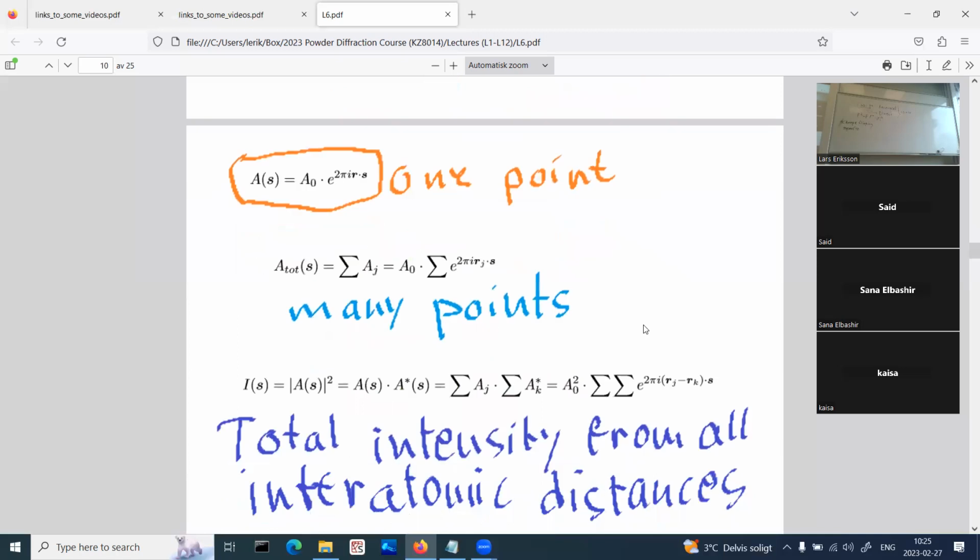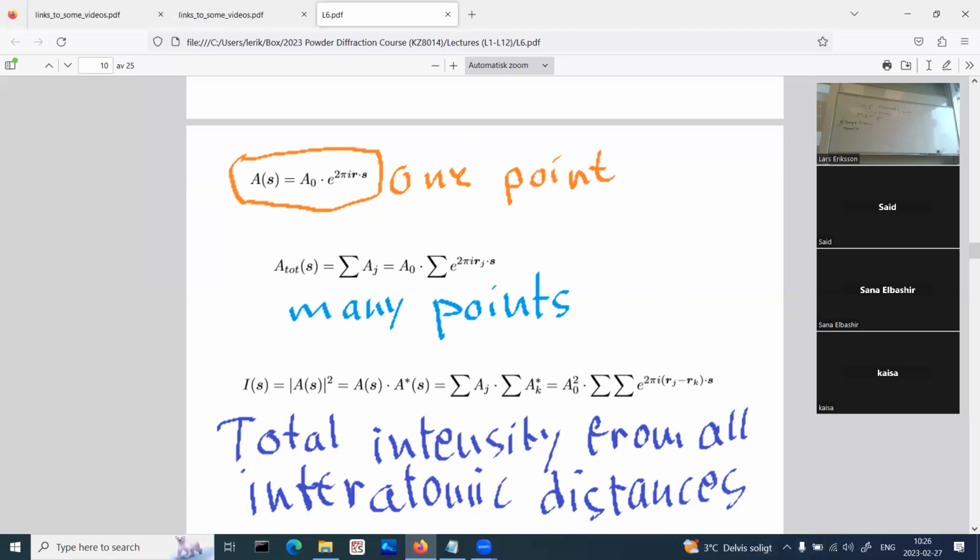One can also say that the scattered amplitude is normalized to the incoming amplitude times some kind of phase function, where R is the position of the spot that scatters, and S is the difference between the coming and outgoing directions. For one point or many points, it doesn't really matter. Scattering from one point, and then just summing over a lot of different points, we have a diffraction pattern.